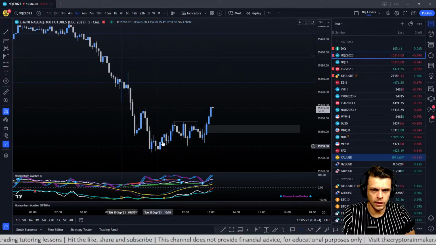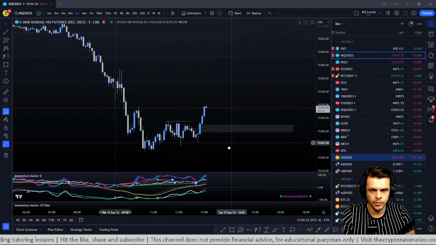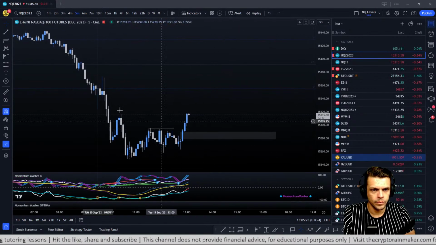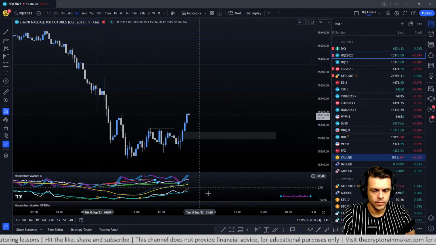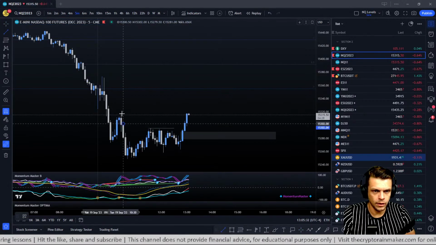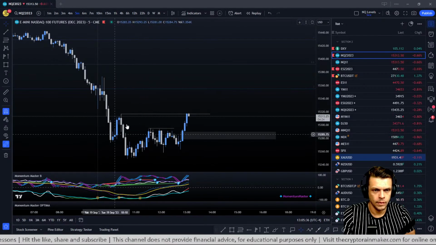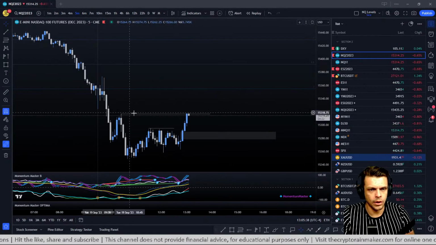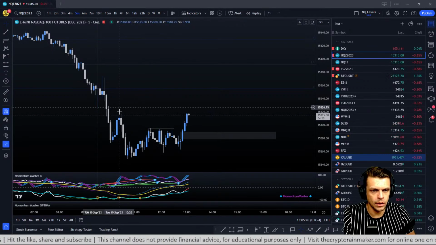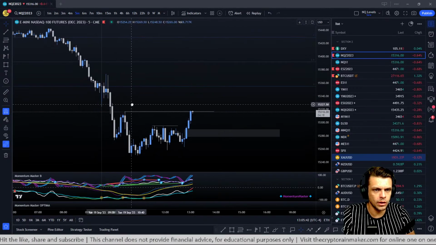Okay, so we did take a low, then started to move away. Just want to see where it is in relation with this high. Okay, so just right now starting to dig into this small pool of buy side liquidity.